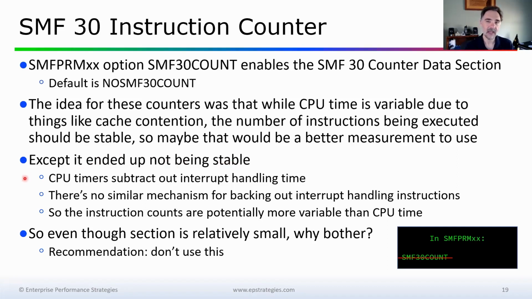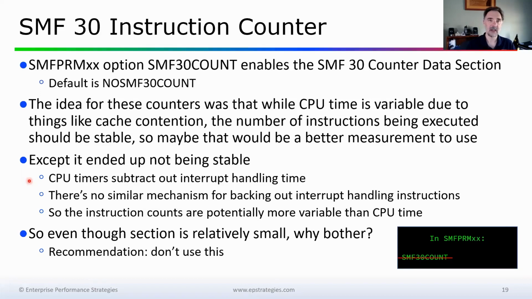The reason for that, turns out, is that the CPU timers are actually very smart, and the hardware and the operating system have the ability to, when the CPU is interrupted and has to go handle an IO, for example, subtract out that interrupt handling time.